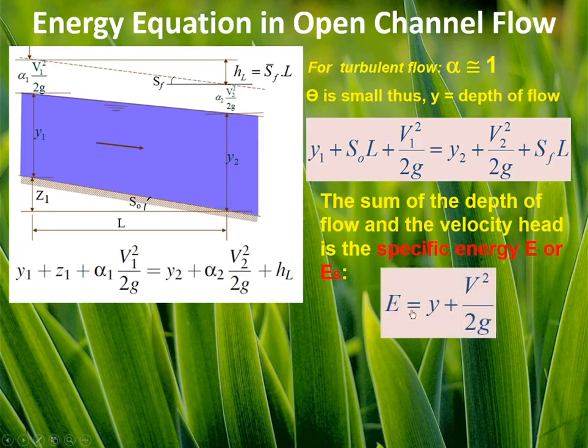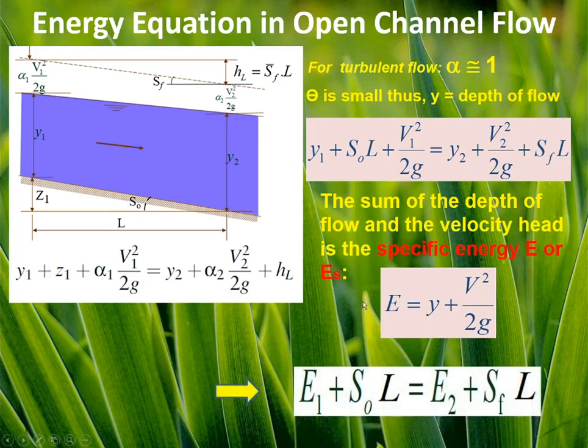As you see here, specific energy equals y plus v square over 2g at any point in open channel flow, and it is called specific energy. If I replace the corresponding terms with E, this equation will be shown in this form.